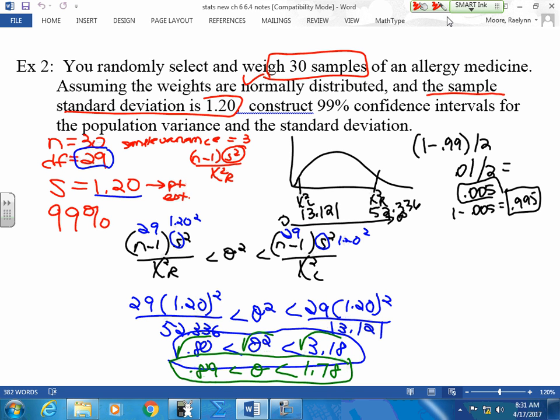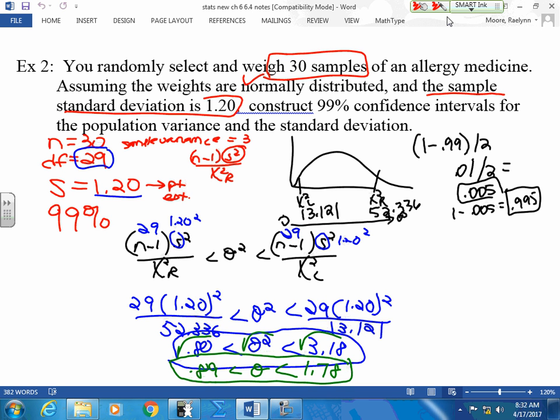You're not going to square it because the variance is already squared. The S represents your standard deviation, S squared represents your variance. So if they gave you a variance instead of a standard deviation, we would just put it in and not square it. If they give you a standard deviation, you're going to square it.